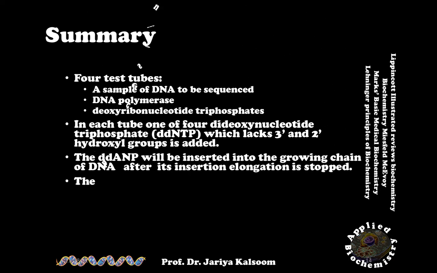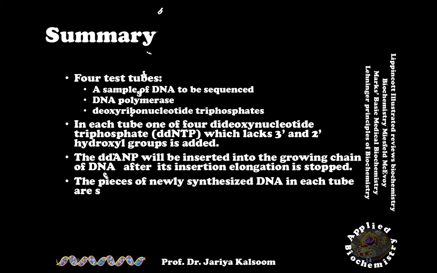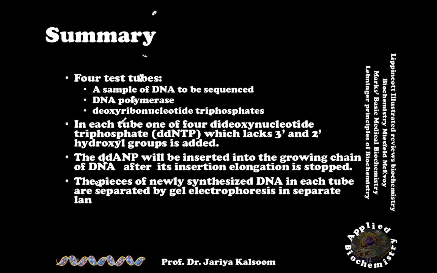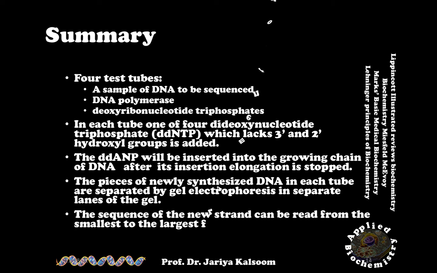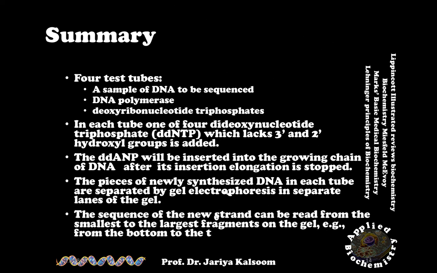Then this mixture is divided into 4 tubes, and in each tube a ddNTP is added. The ddNTP will be inserted into the growing chain, and it will lead to the formation of different sized fragments which are separated by gel electrophoresis, and the sequence can be read from the bottom towards the top.